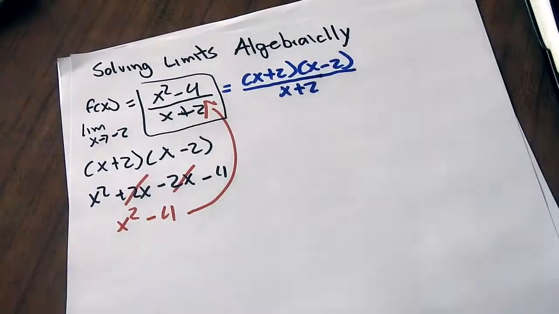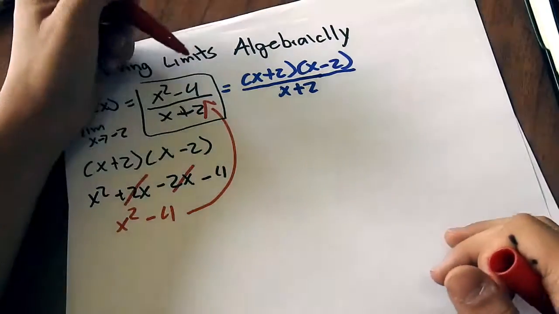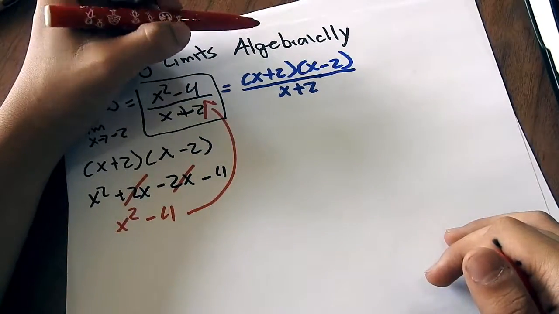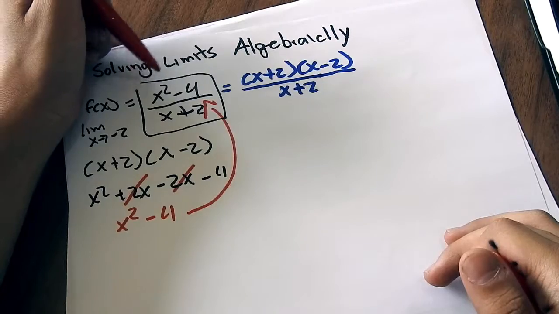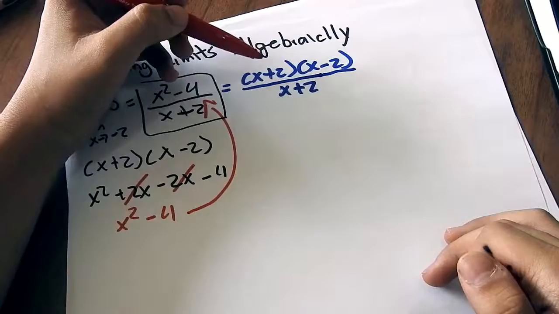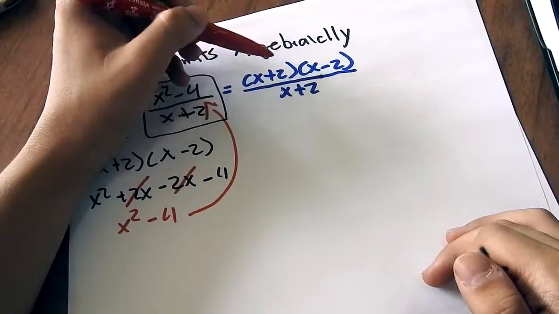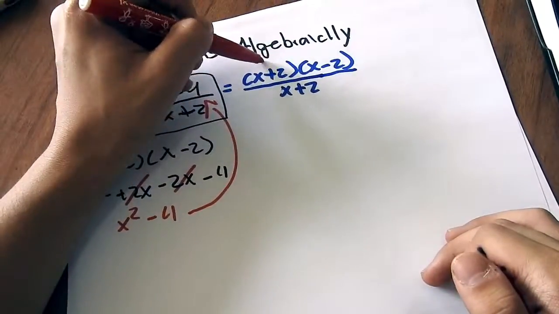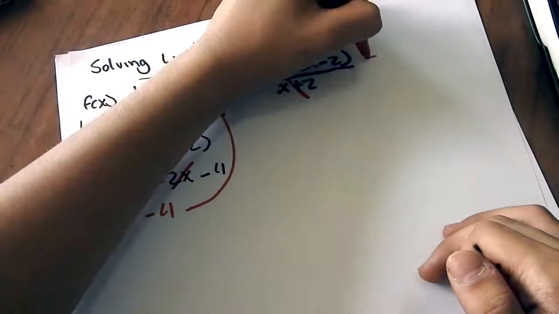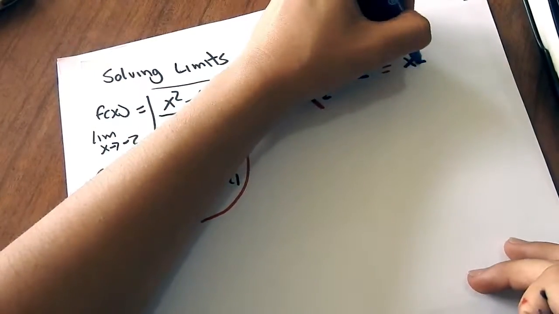But if we use the method that I just showed you, manipulating algebraically, now I wrote this upper part differently using difference of squares. Now you can see here that we have x plus 2 and x plus 2 on the top and the bottom, so they cancel out, and we have only x minus 2 remaining.